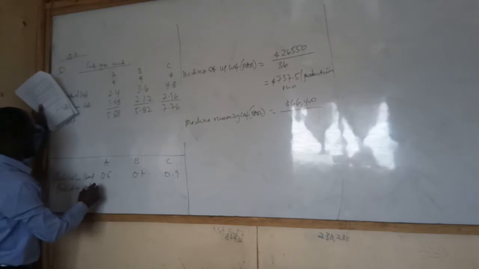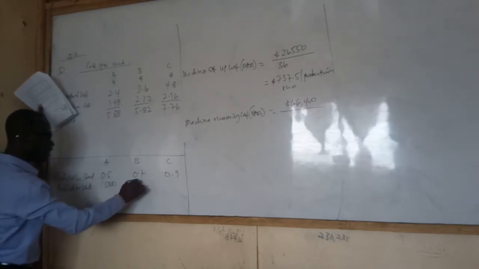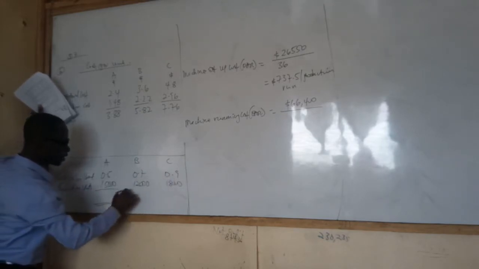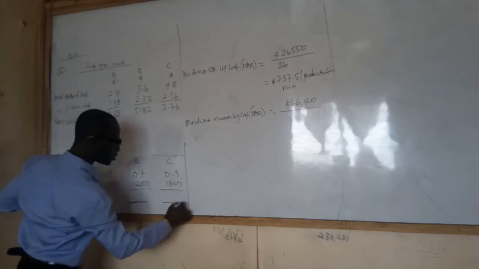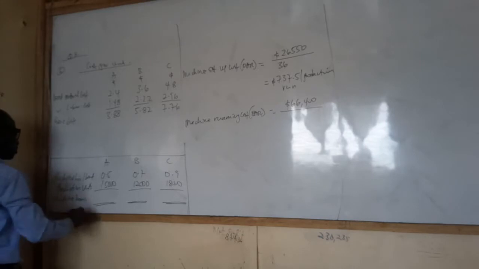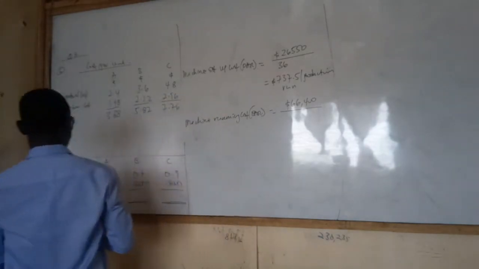A is 15,000, 12,000, 18,000. So we multiply to get the machine hours: 7,500.